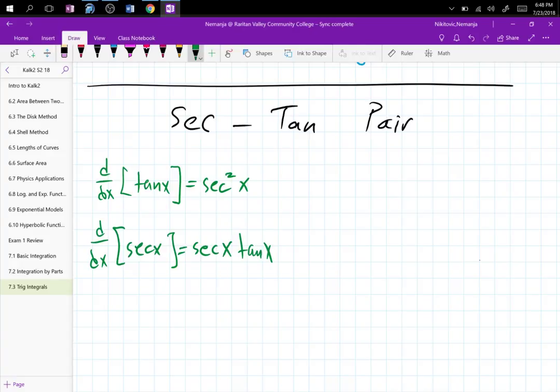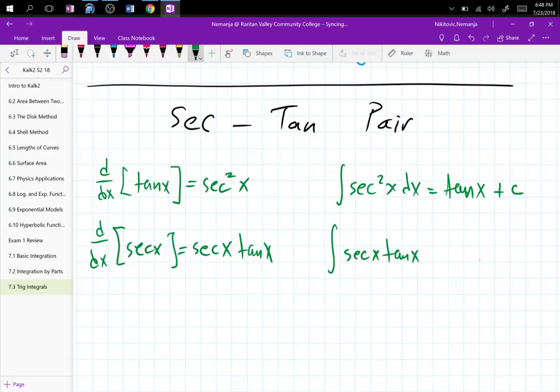Now this means that the integral of secant squared x dx is equal to tangent x plus c, and the integral of secant x tangent x dx is equal to secant x plus c. It is very important to know these, otherwise you won't be able to do any of the problems.